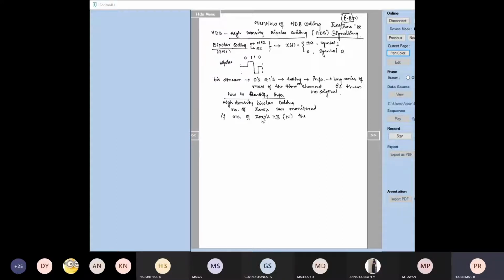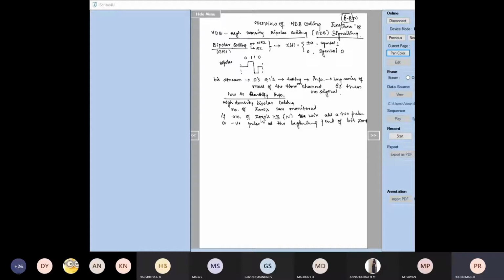we will add a positive pulse or negative pulse at the beginning or at the end of the trailing zeros.